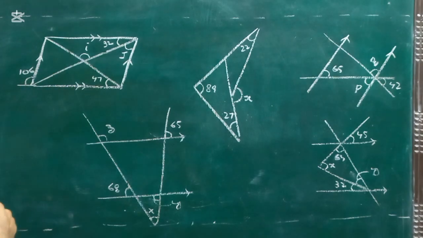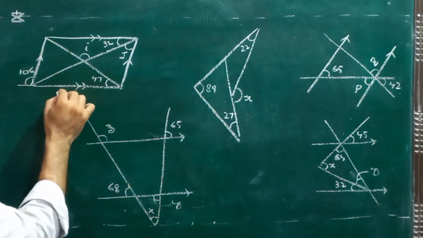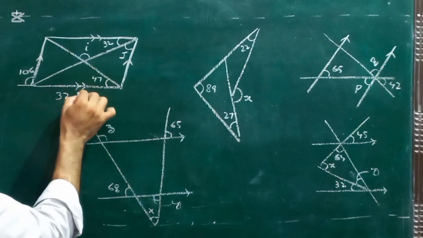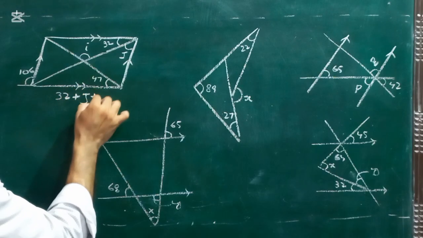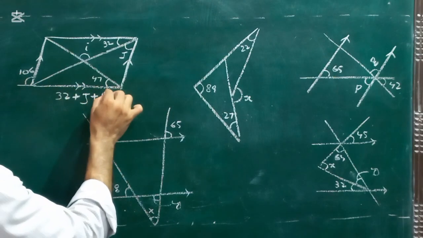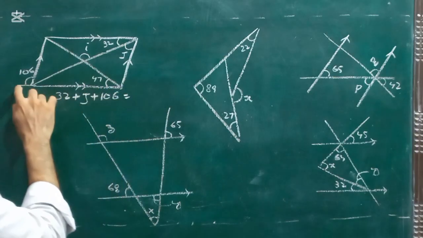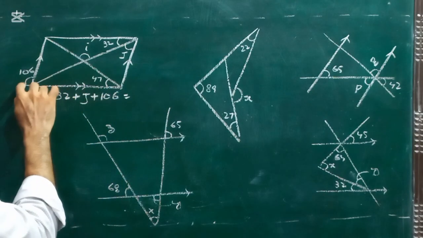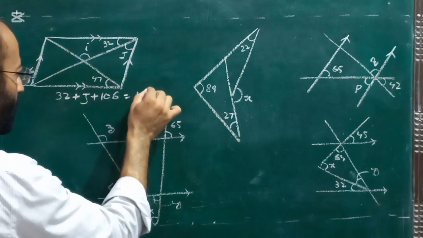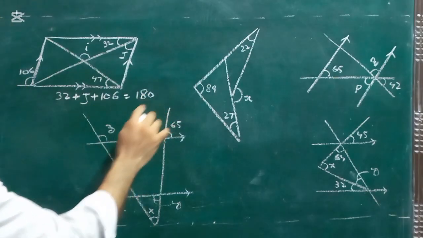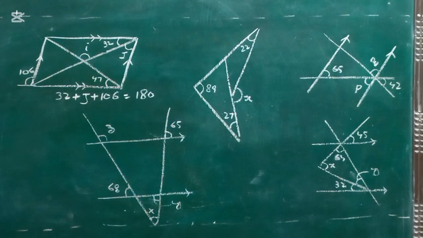So it means 32 plus J plus 106, that is actually on a straight line. The sum of the angles on a straight line is 180 degrees. So from here, you can find the value of J. Okay. Now, I is the requirement.